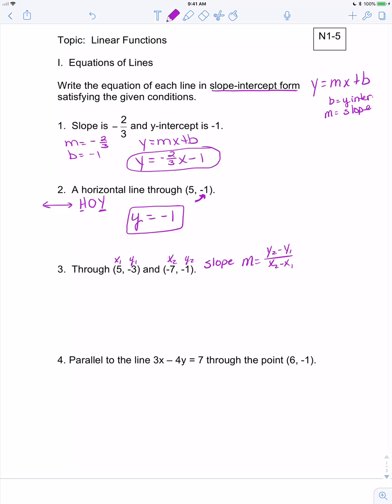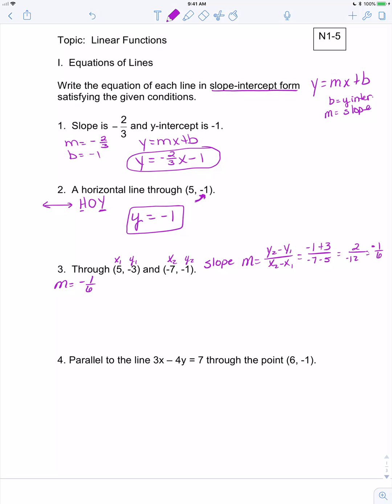Let's fill out this formula. y2, negative 1, minus a negative 3 makes that plus 3. Then negative 7 minus 5. Negative 1 plus 3 is 2, and negative 7 minus 5 is negative 12. We can reduce that down to negative 1/6. So now we know m is negative 1/6.